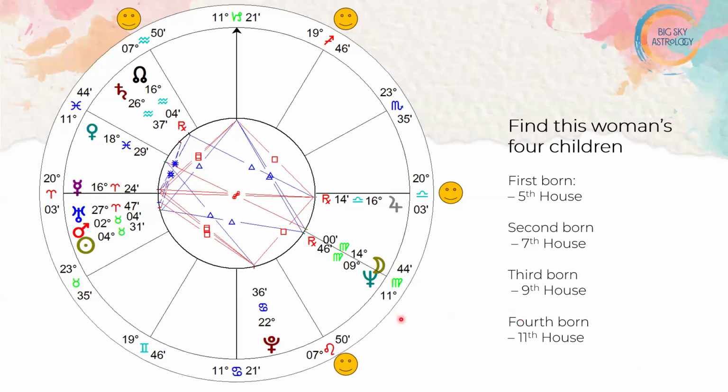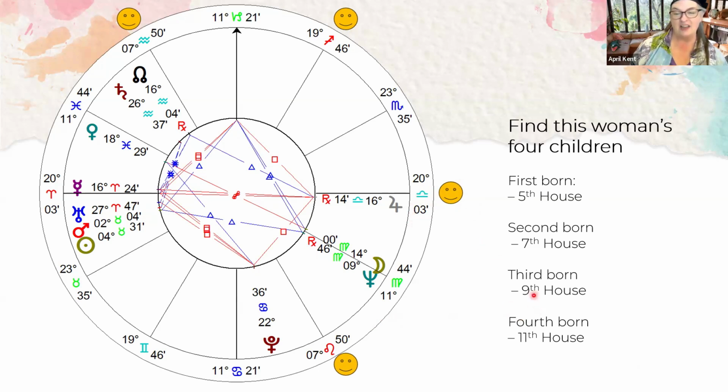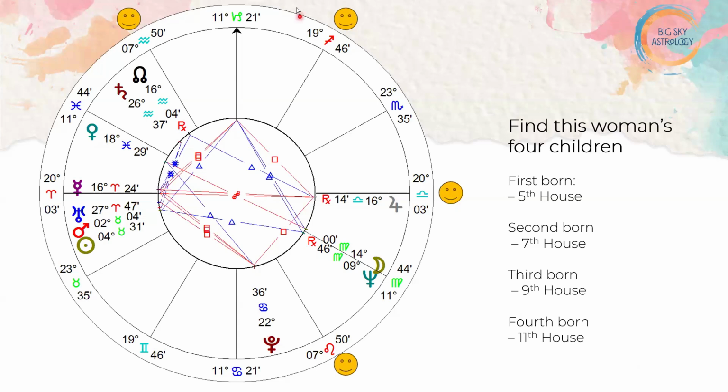So, which of this woman's children do you think got married first? Second. Yep. With Libra there on the cusp. And he actually was a Libra as well. And who is the one who is really religious? Third. Uh-huh.